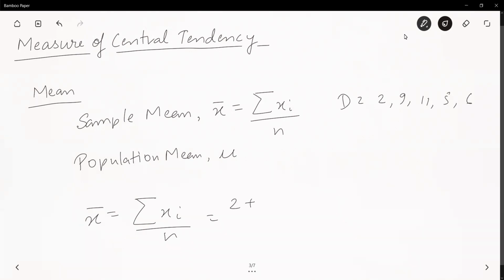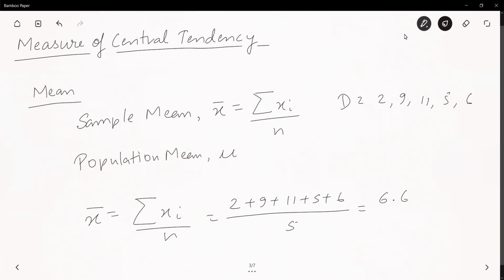The mean of this data set is 2 plus 9 plus 11 plus 5 plus 6 divided by 5. The calculation is pretty simple: the sum is 33, and 33 divided by 5 is 6.6. So this is going to be your sample mean.